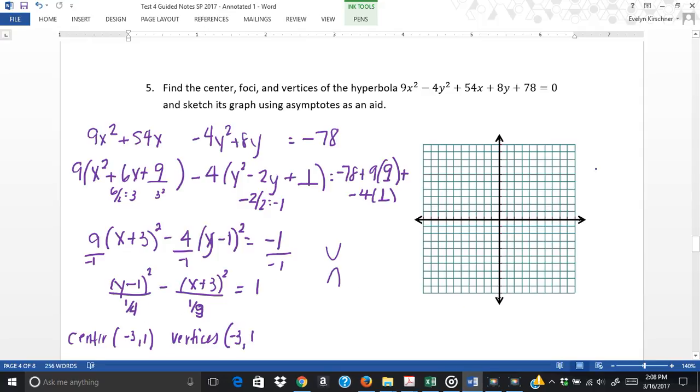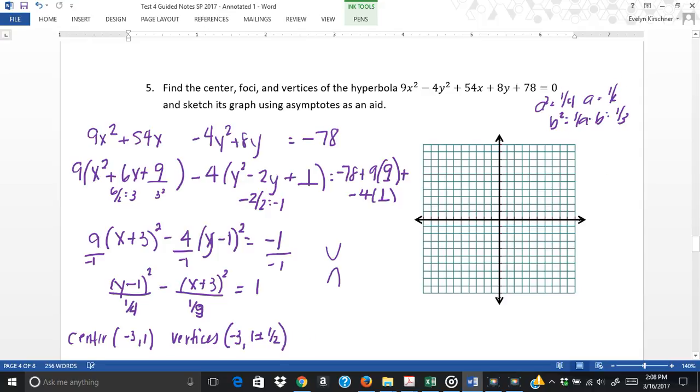So if a squared is a quarter, a is a half, b squared is 1/9, so b is 1/3. So I have 1 plus or minus 1/2 for my vertices.